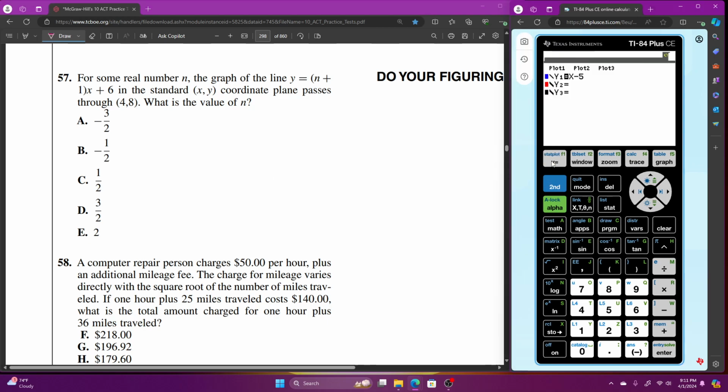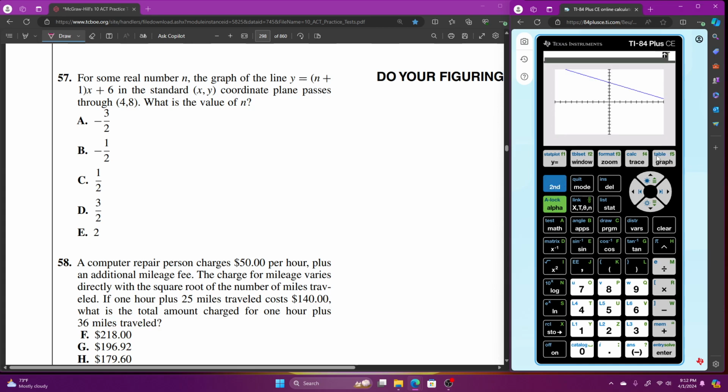I'm going to come back here to my graph, and I'm going to put that in. Y equals, answer choice A says negative 3/2 plus 1, x plus 6, passes through point 4, 8.